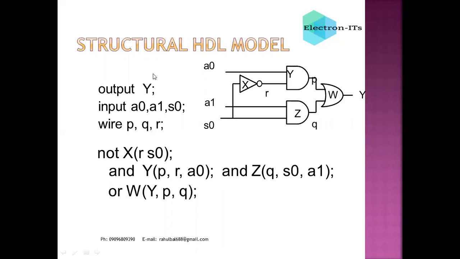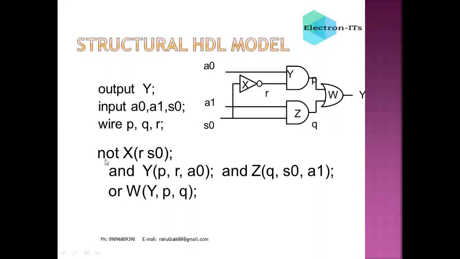Here output Y. So this is declaration, output, input, and in between connections are nothing but wire. They are indicated by wire. So P, Q, R are the wire. Inputs are A0, A1, and S0, and output is Y.